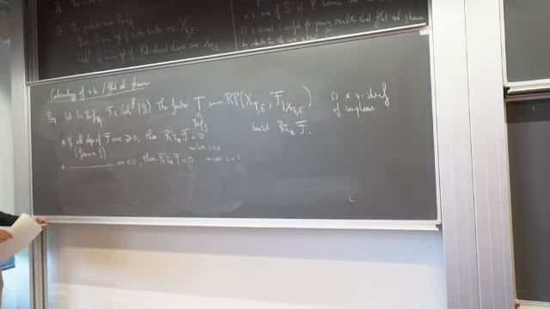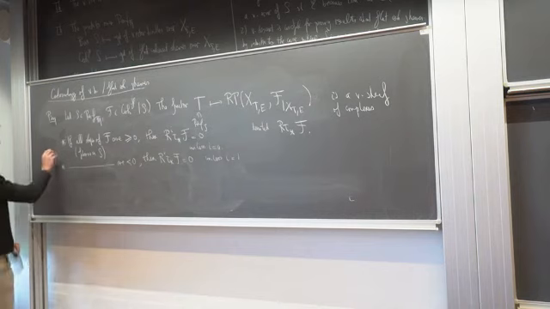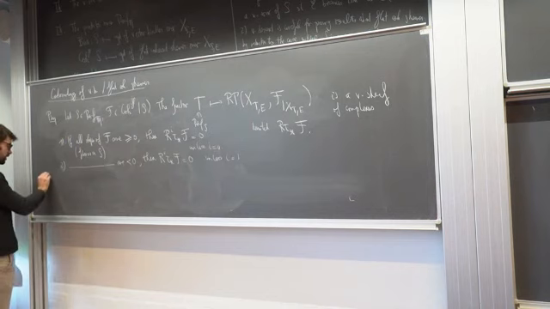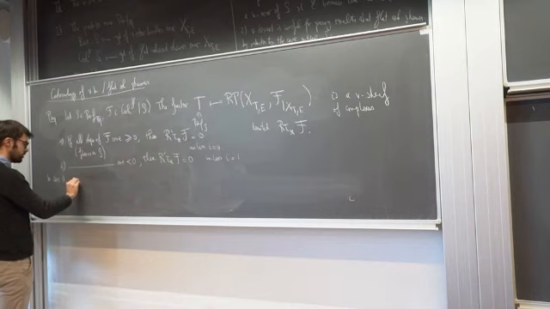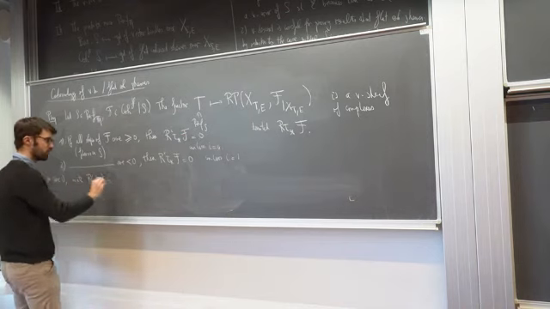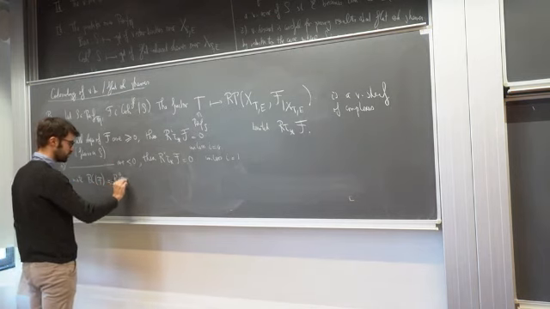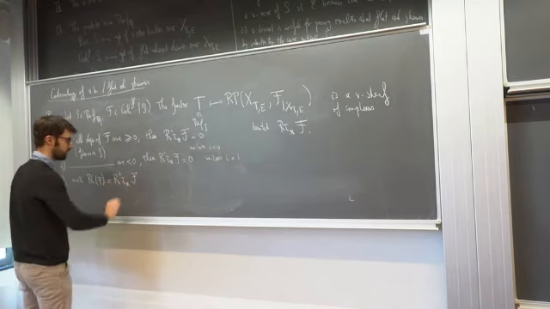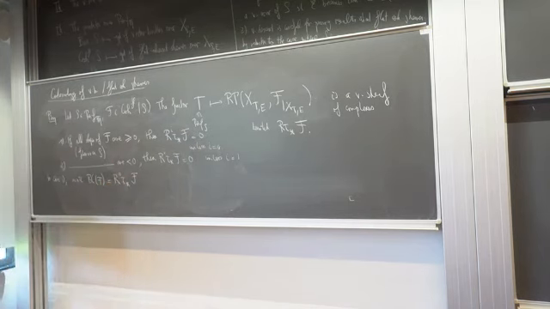And so in case 1, I will write BC of F for the one which is non-zero, that is just the underived push forward.